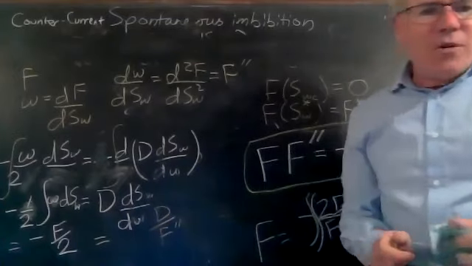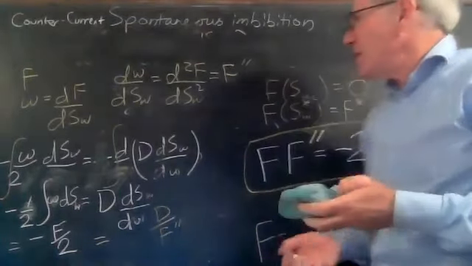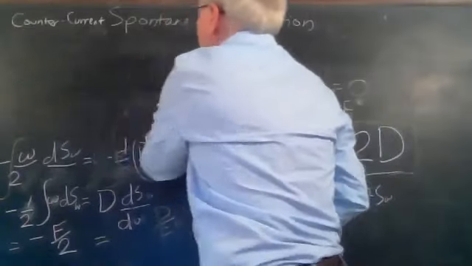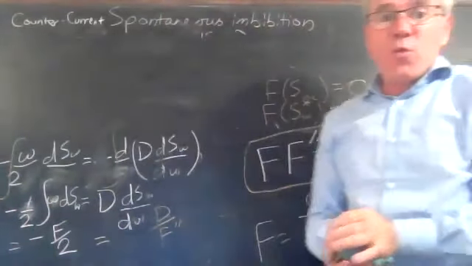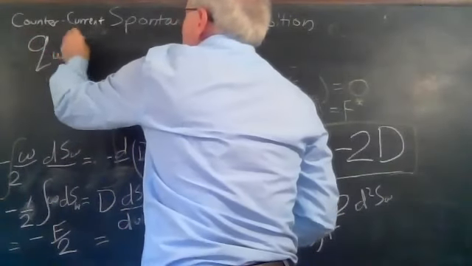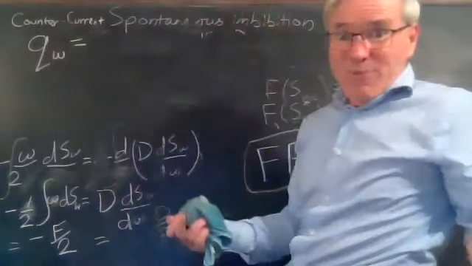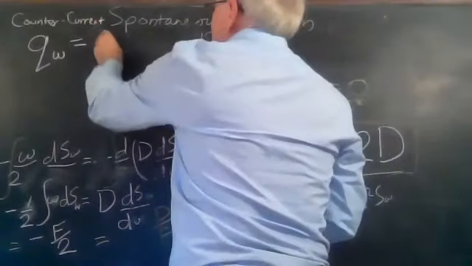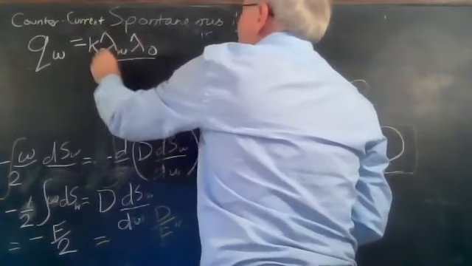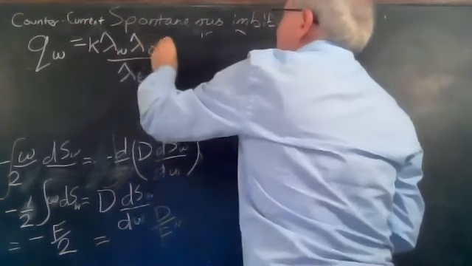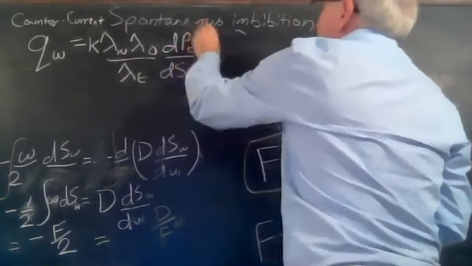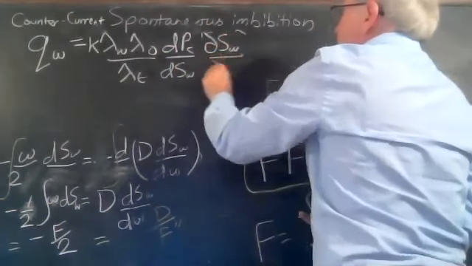Well, the way in which you can think about it is as follows: what is the water flow, q? We know this, because we wrote it down to begin with: q is equal to K lambda_w lambda_oil over lambda_T, dPc by dS, dSw by dx.